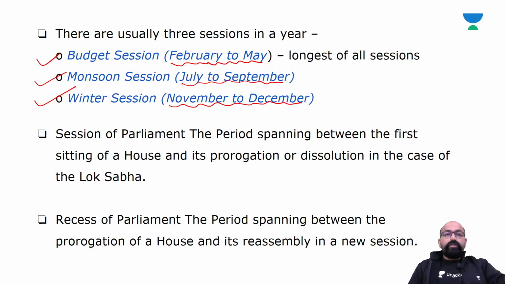Yes, so there are usually 3 sessions of parliament: budget session, monsoon session, and winter session. Budget session is tentatively conducted between February to May, monsoon session between July to September, and winter session between November to December.